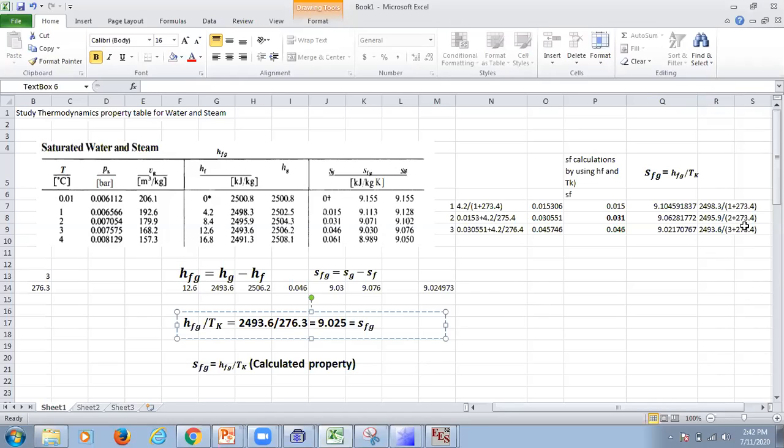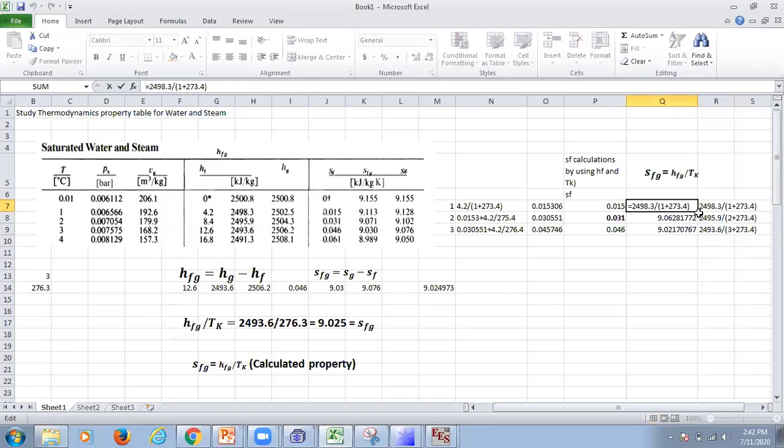I think it's 273.3 or 4. Maybe 0.3 here. Let's see. 9.273. I cannot remember if that is 273.3 or 4. Anyway, this is how the values are calculated.